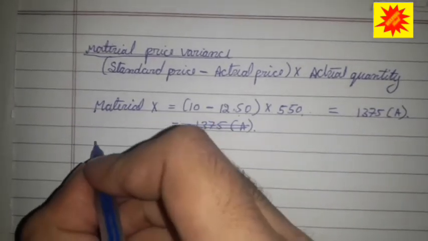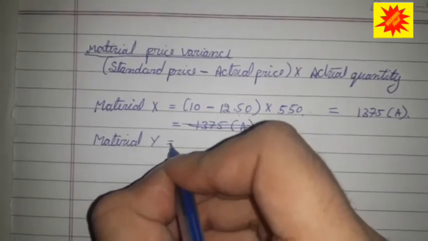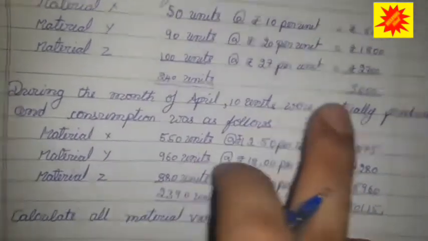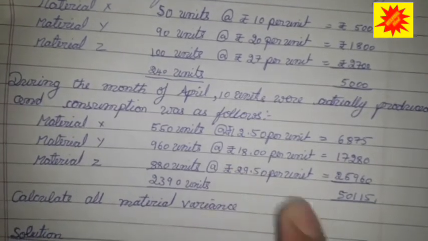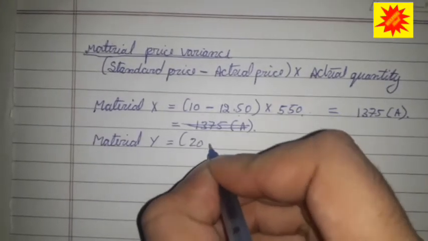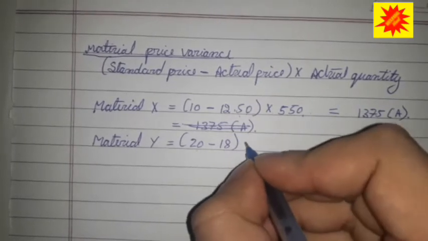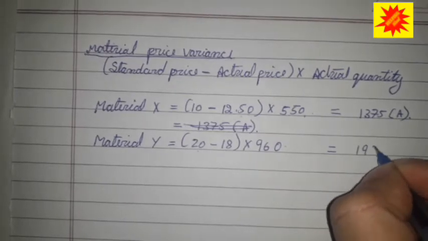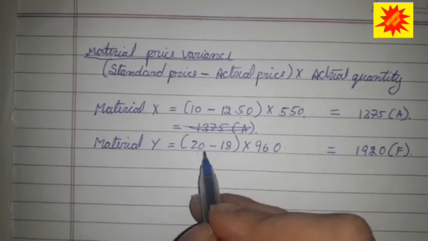Next we have material Y. It is the same thing again, 20 minus 18 into 960. So 20 minus 18, it is positive because 20 is greater than 18, into 960. So the answer is 1920. Check with the calculator, right?